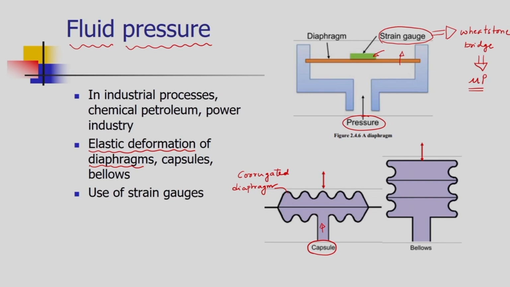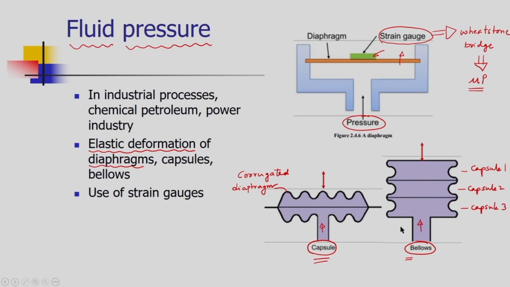So when we are using multiple capsules, then it becomes the bellows. Here you can see this is capsule 1, capsule 2 and capsule 3. So multiple capsules are integrated, stacked over each other, and then we have an integrated construction that is again utilized to sense the fluid pressure.